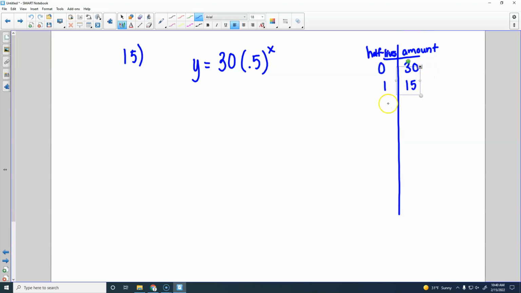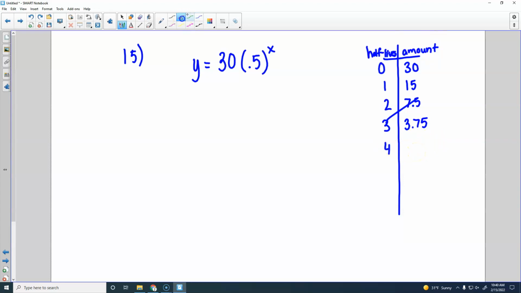We'd have 15. And then again, half of 15 would give us 7.5. And then half of that would be 3.75. And so then you got half of that, and you can keep on going.